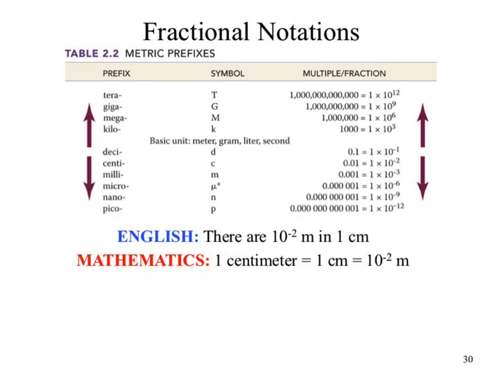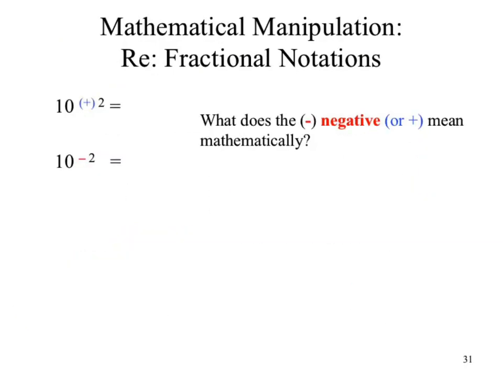Okay? So there's our numerator, denominator stuff. There's a bunch of examples there. This one, if you're okay with some mathematical manipulations, you're okay to look at this. What is the meaning of the positive and the negative? Okay, we could say the size of our number. That worked out well.